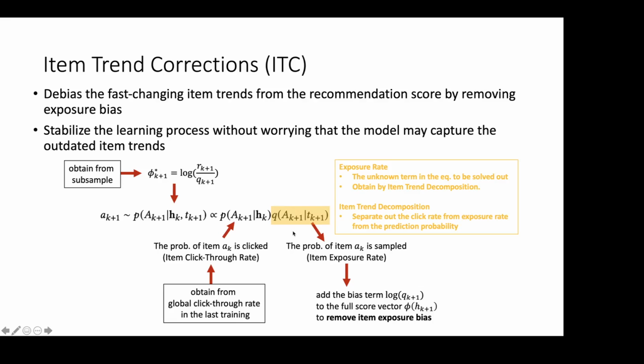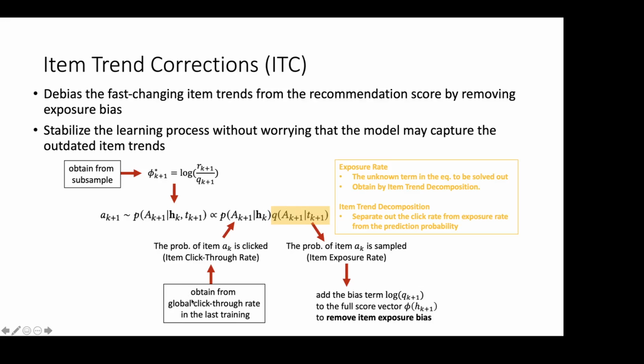It is obtained by item trend decomposition that separates out the click rate, the left term here, and the exposure rate, the right term here in this equation. We can obtain the approximated value from the scores, and we can obtain this click rate because it doesn't really change, I think.